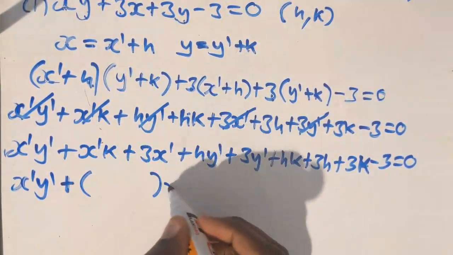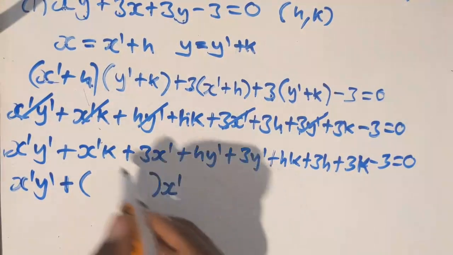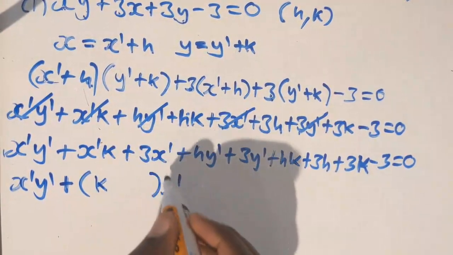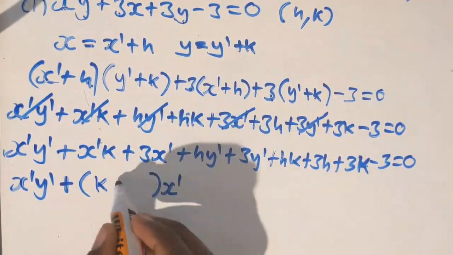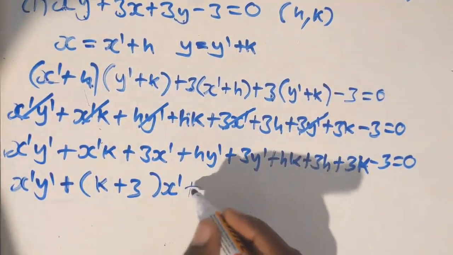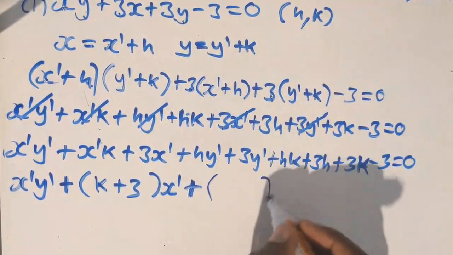So you just put it outside x prime like that. Then you say when this cancels that, what is remaining is k. Then when this cancels that, what is remaining is what? 3 like that, right?